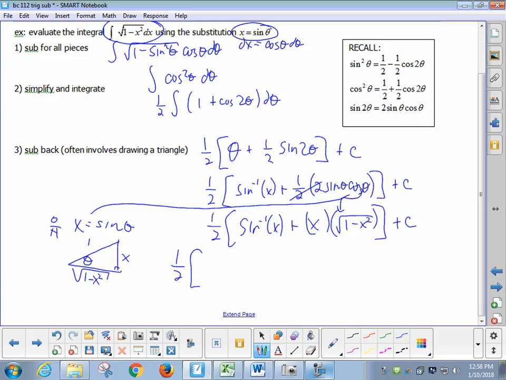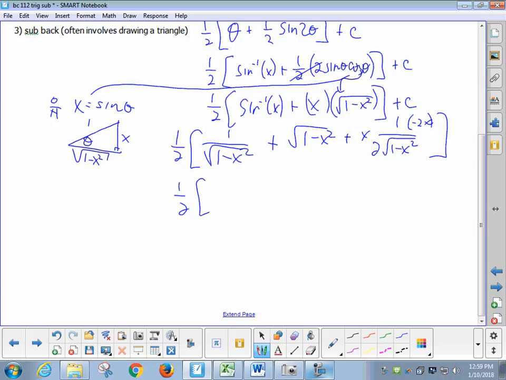What's the derivative of inverse sine? Oh, stop it, you sissies. Plus root 1 minus x squared plus x times 1 over 2 root 1 minus x squared times negative 2x. Okay, so here we go. Let's check this out. I hope this works. I think a 2 goes away, and so this is negative x squared over root 1 minus x squared.